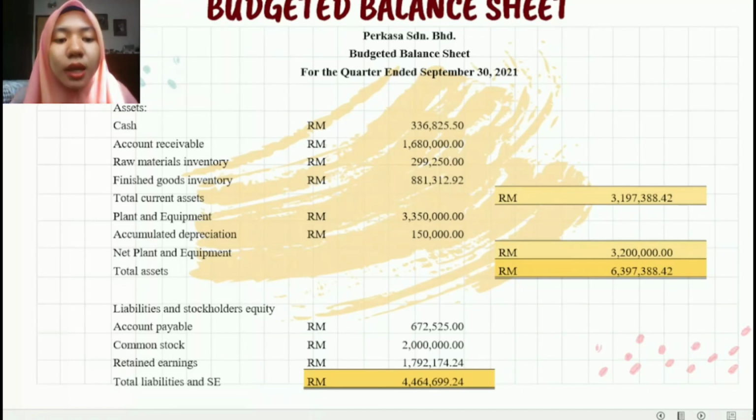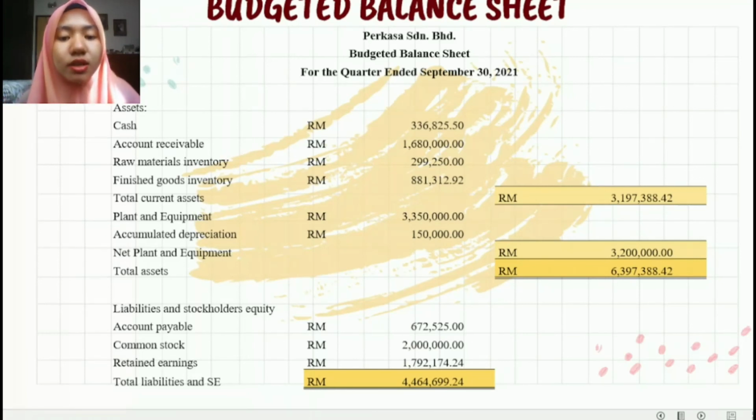For liabilities and stockholders' equity, we add up the accounts payable, which is 672,525 ringgit, plus the common stock, which is 2 million, plus the retained earnings. The retained earnings can be obtained by adding the beginning balance, which is 398,813 ringgit, plus the net income, which is 1,393,361.24, and less the dividends.